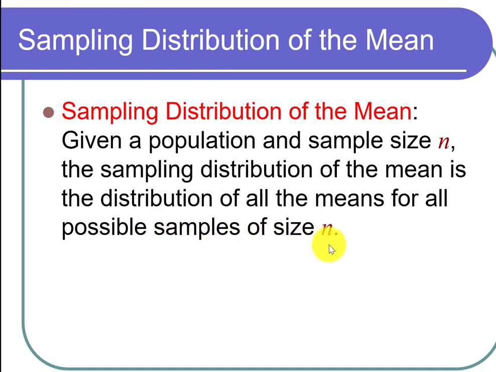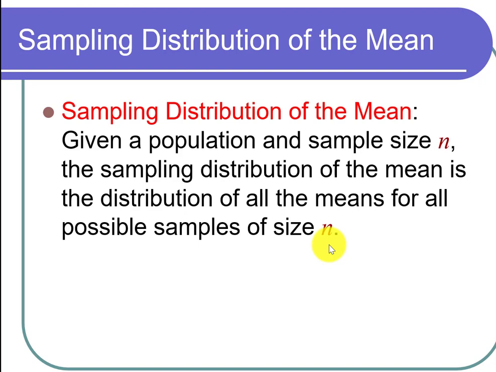So think about conducting a study. You might be surveying people about, I don't know, how much do you weigh? And let's say that the population is all people on Earth. Well, you could survey, say, 500 people, and you have many, many choices of which 500 people you could survey. But no matter which choice you take of 500 people, there is going to be a mean weight.